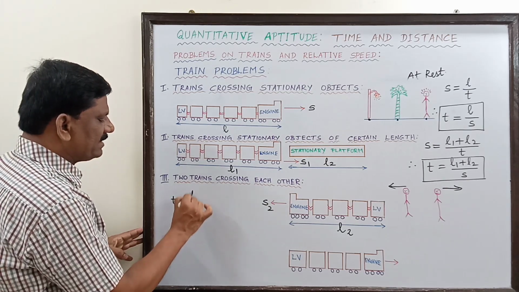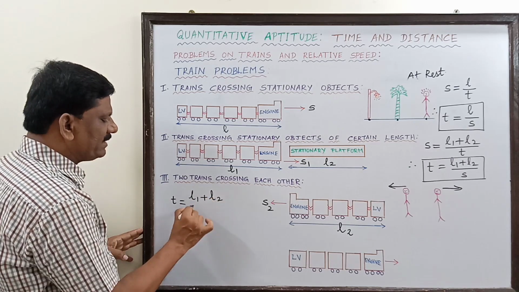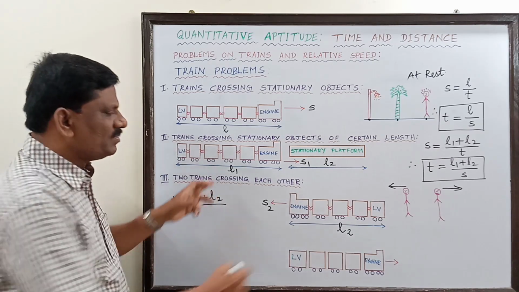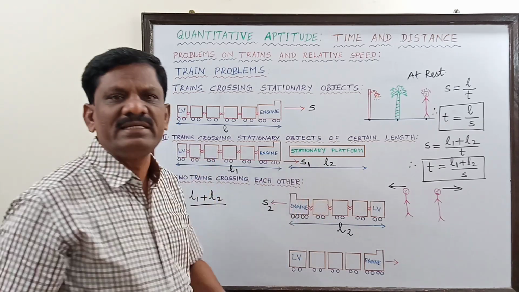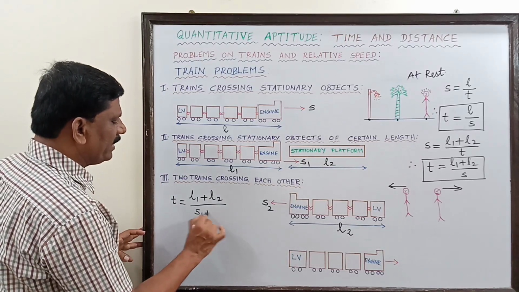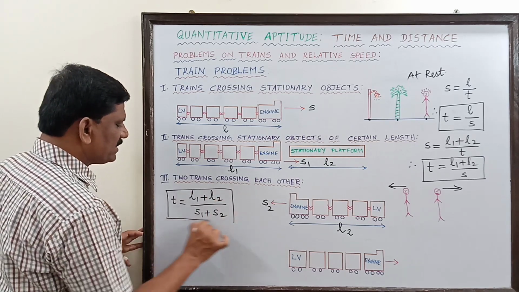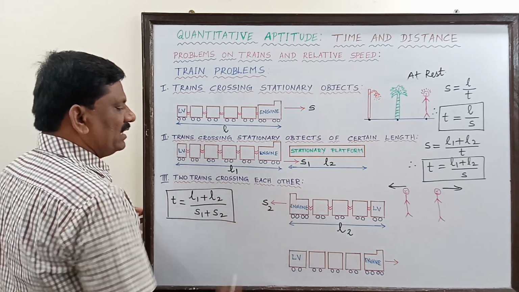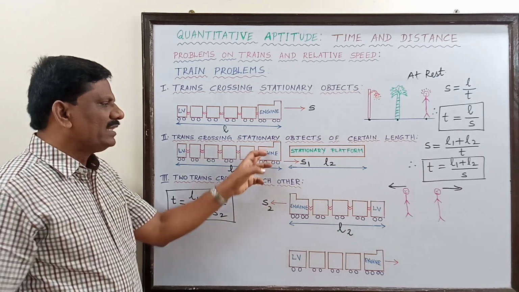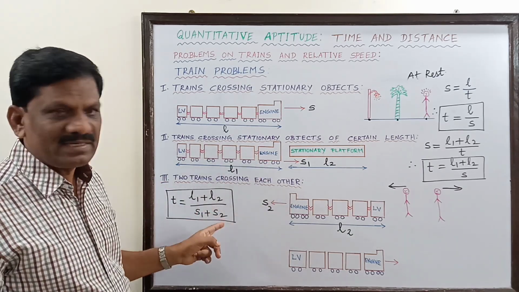So the total distance covered by both the trains will be L1 plus L2. And since both the trains are moving in opposite directions, the relative speed must be equal to the sum of the speeds, S1 plus S2. So this is the expression to find the time taken by the two trains to cross each other when they travel in opposite directions.